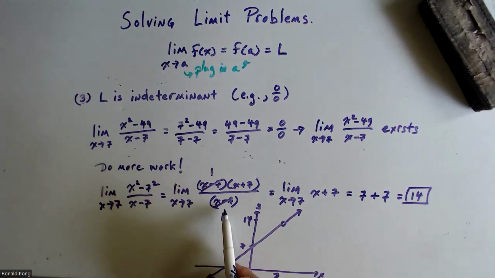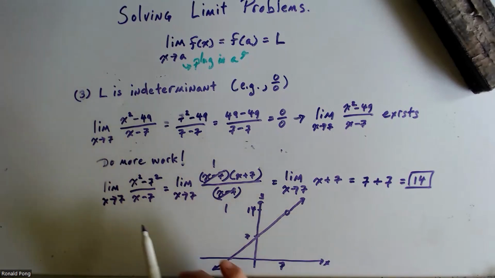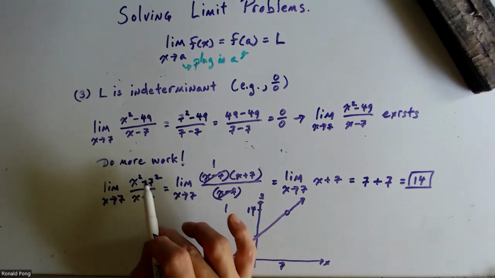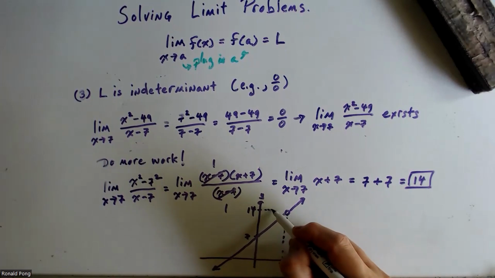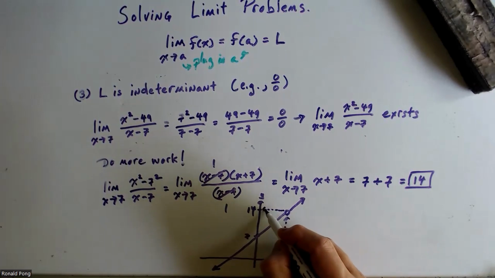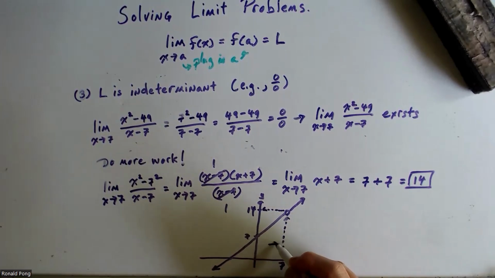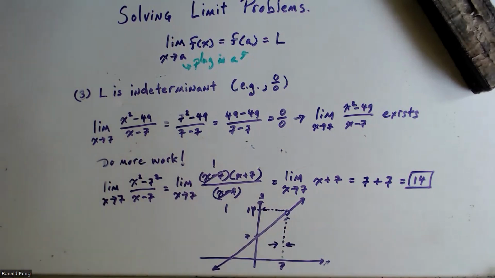Remember, just because we canceled the domain issue from the denominator does not mean that we can completely forget the domain restriction in the original definition of our function. But in this instance, since it's no longer a vertical asymptote, but rather a hole, as x approaches from the left or the right, either way, we're going to arrive at the same result, y or f of x equals 14. And that is the limit.